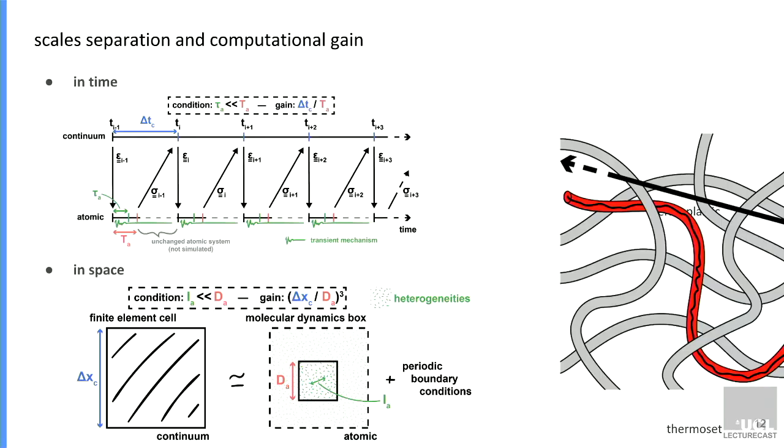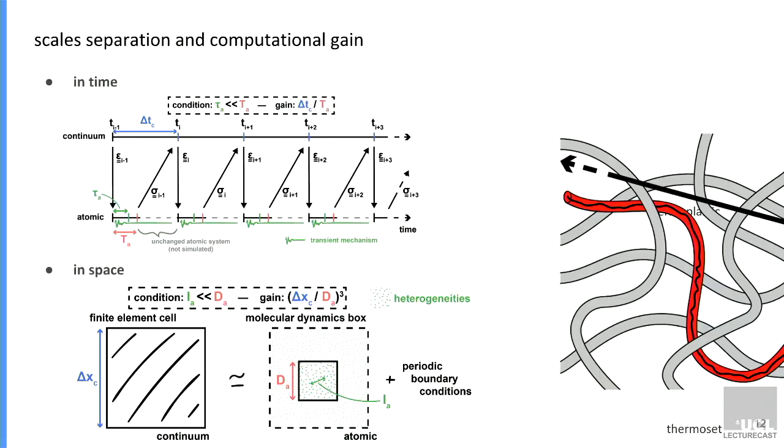Let's say you have a transient mechanism there in green at the atomistic level. As soon as this gets stationary, you can stop your atomistic simulation and feed back the stress that you measure. You don't have to compute those whole bits of time, and you can advance like this in time. This is of the order of, let's say, at most a few nanoseconds, and the increment in time in blue there might be a few microseconds at the top. So you have a massive gain in time.